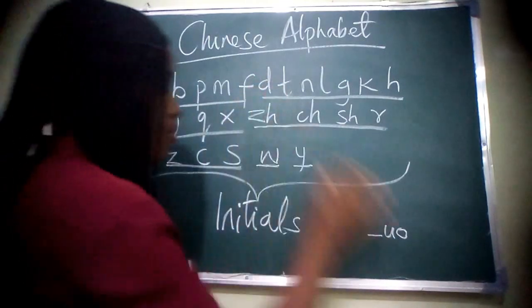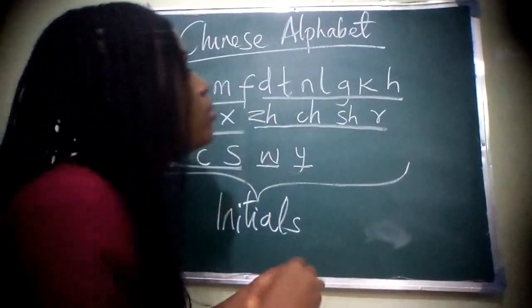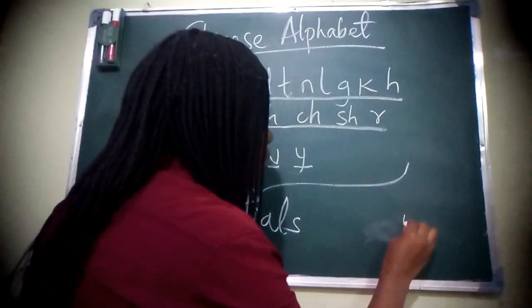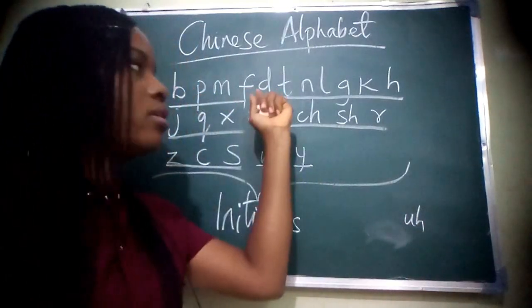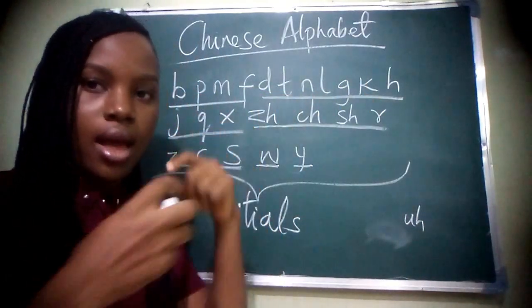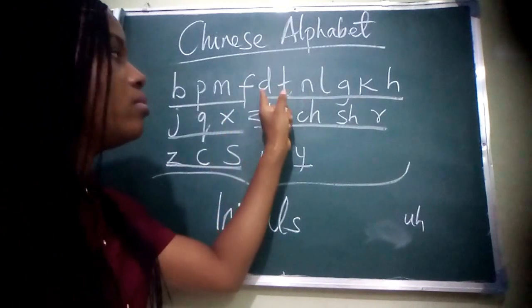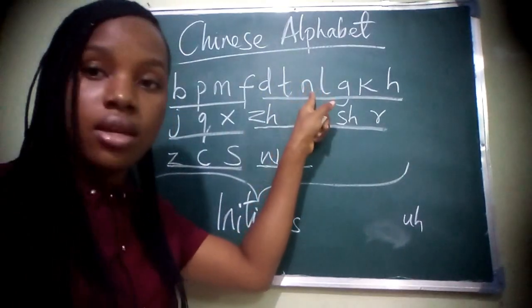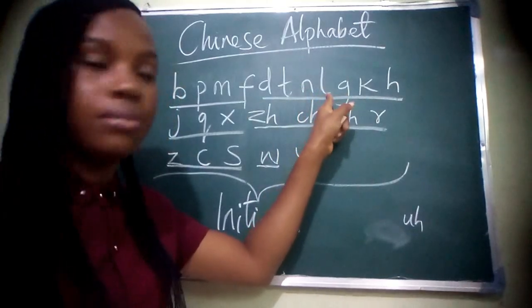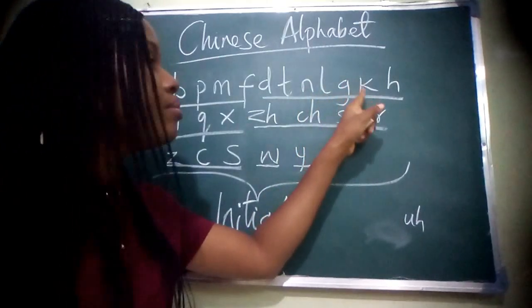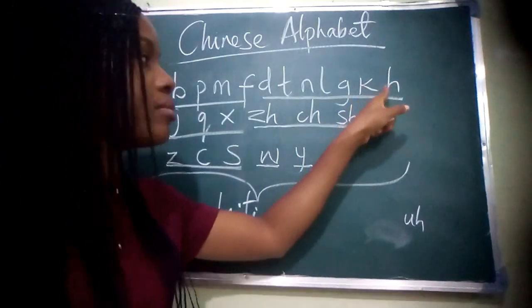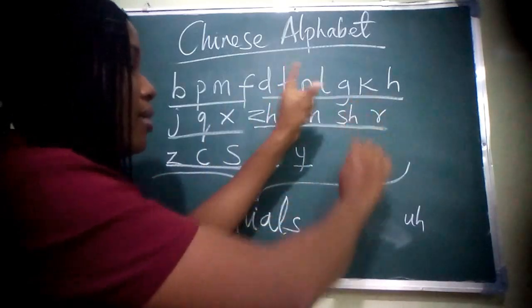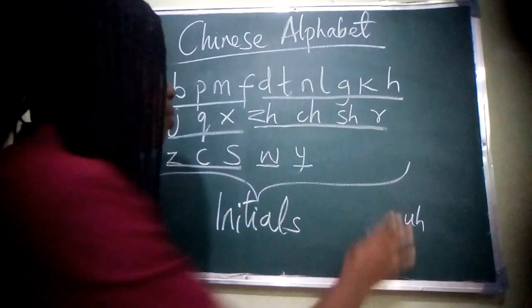So the next, these have the sound at their ending. So d, t, n, l, g, k, h. So those are the sounds in the second group.